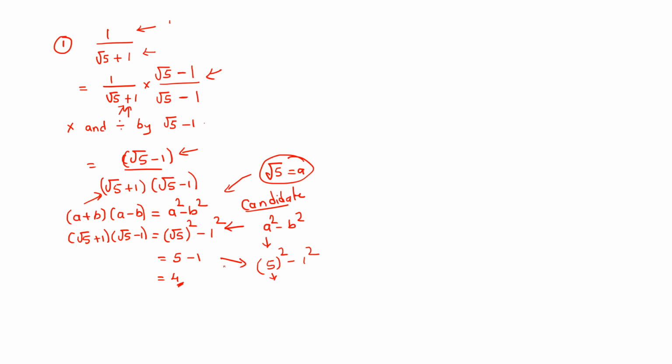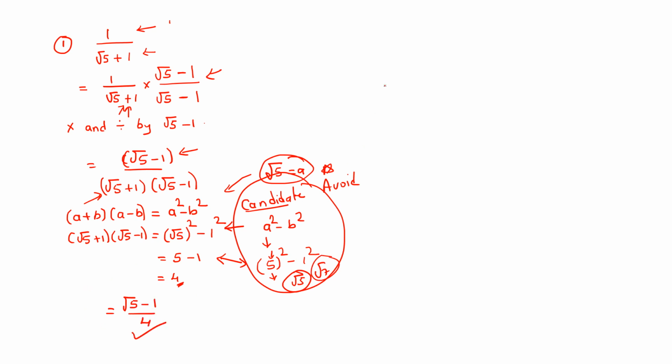So there is a big difference between this. So candidates should avoid this mistake. I'll put a star mark here. Don't take 5. You have to take root 5, root 5 or root 7 or whatever it is. Okay. So the final answer now becomes root 5 minus 1 divided by 4. This is the final answer for this question.